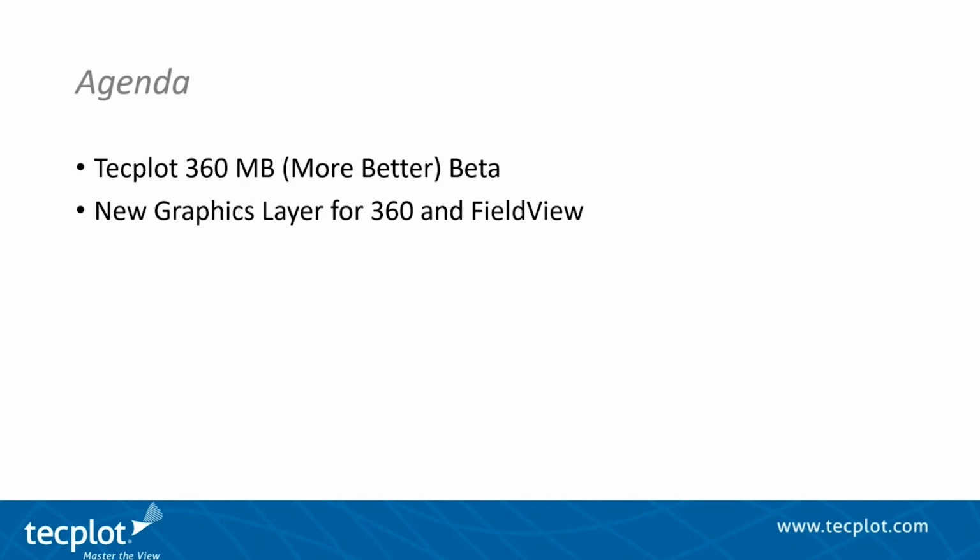And then also talking about a new graphics layer that we're working on for Tecplot 360 and FieldView. So for those of you that may not remember, Tecplot Incorporated purchased the FieldView product a number of years ago, and now our development teams are working together to improve both products. So really neat to see those teams coming together and making improvements together.